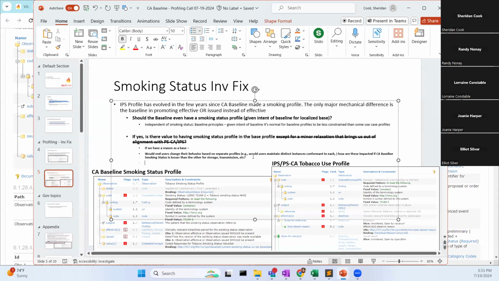I think if you are exchanging smoking status, it's because there is a use case for it. And your use case driven profiling will constrain it probably tighter than we would be willing to in the baseline. And so that's probably what you're going to be conformant to anyhow.